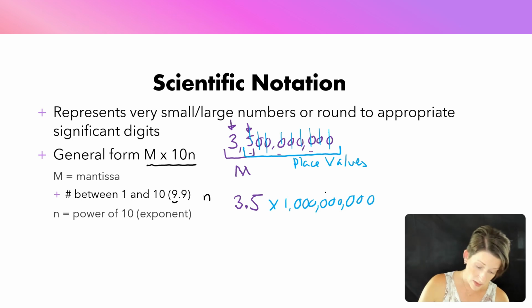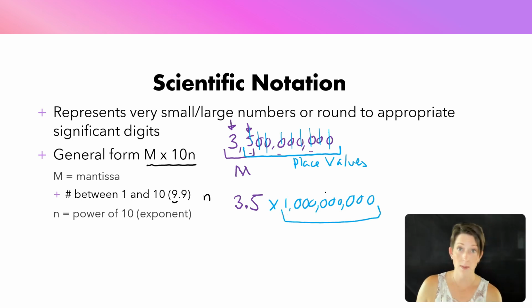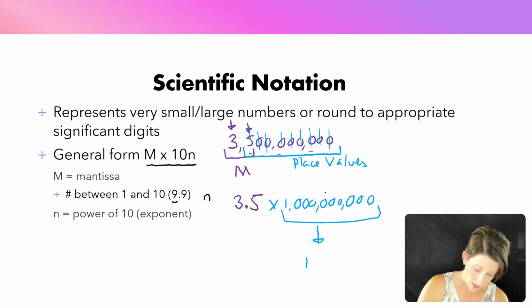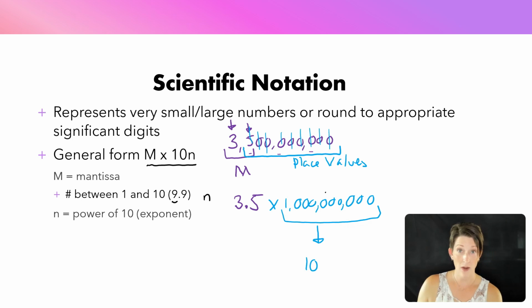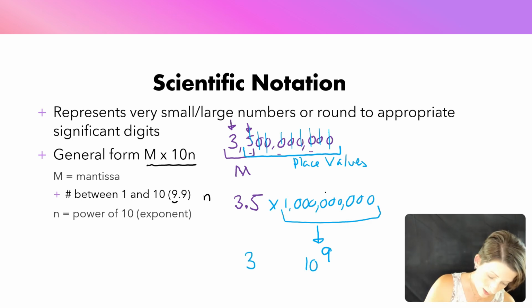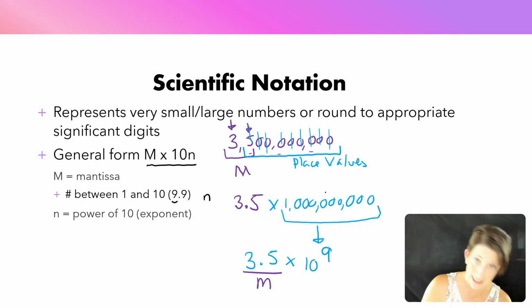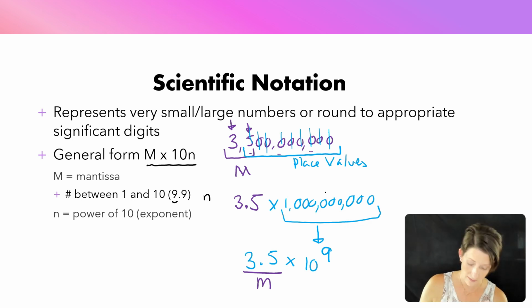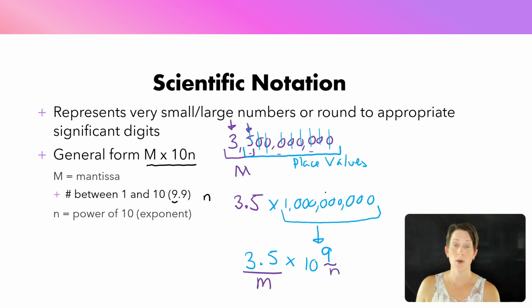So what we can do is turn this into the power of 10. So we have a 10 and then we count how many zeros there are. There are 9 zeros, so 10 to the 9th. Therefore, our number is 3.5 times 10 to the 9th. 3.5 is that mantissa. It shows us our number of significant figures. Our 9 is the n or the exponent. It tells us how many zeros or how many place values we need to move.